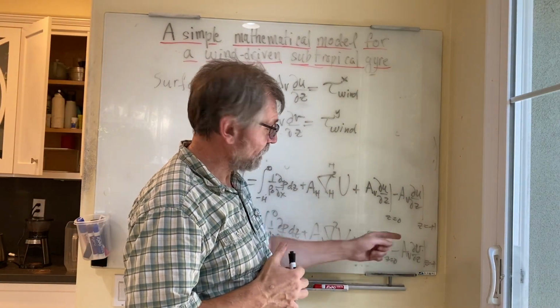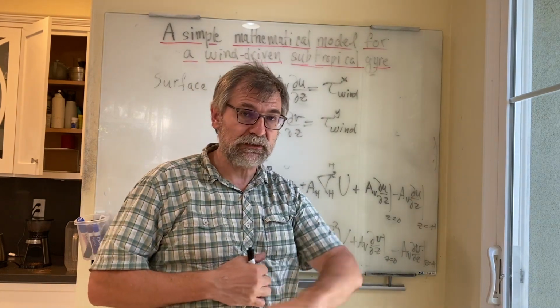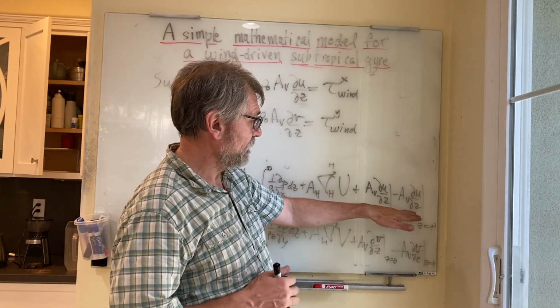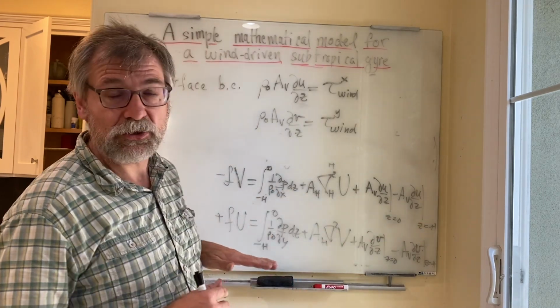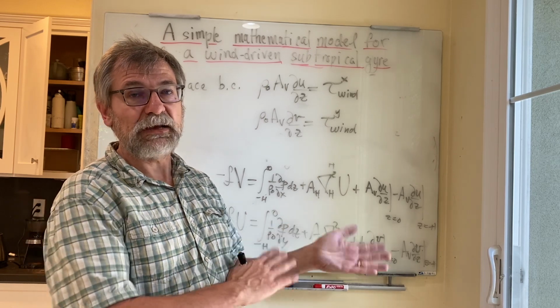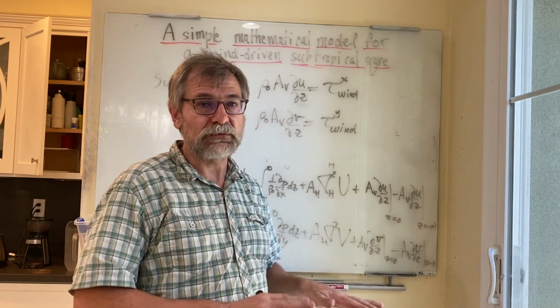Now at the bottom of the ocean, I also could have stress because of friction at the bottom of the ocean. And here we're just going to take an ad hoc parameterization. We're going to assume that as the current rubs against the bottom, the friction is to bring it back towards 0, the speed at the bottom of the ocean.